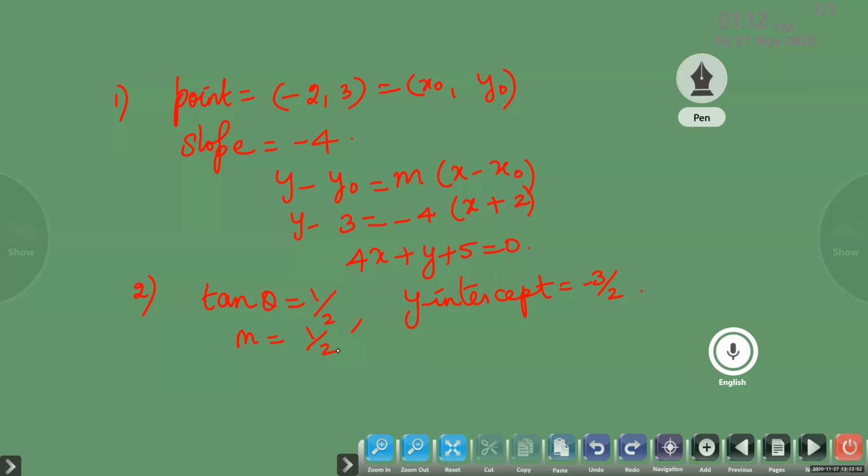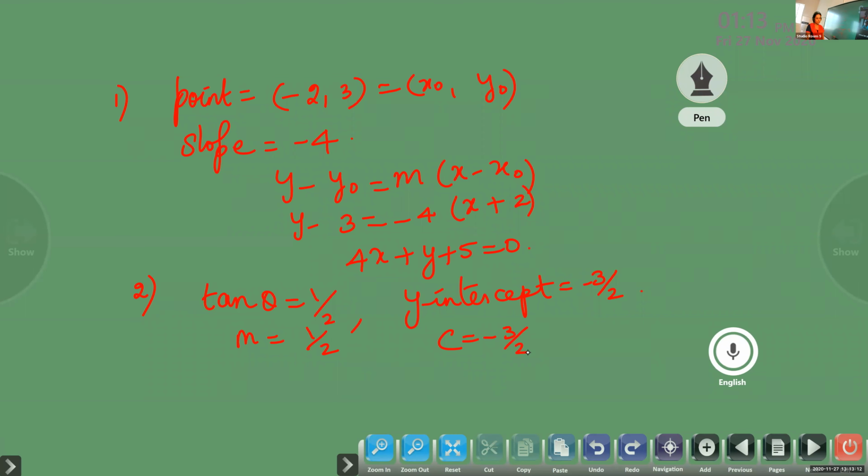Ma'am, we are using slope intercept form. Yes, we are using slope intercept form. Okay, correct. Y-intercept usually we denote as c. So c is -3/2.